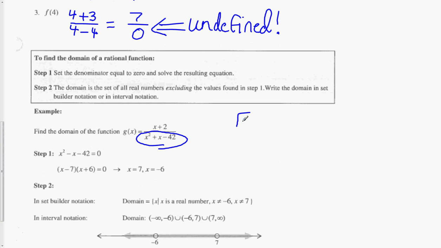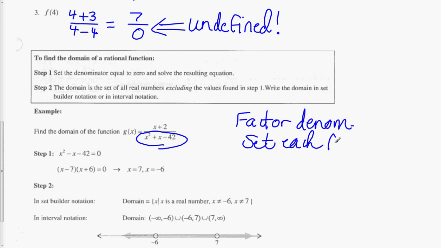So you need to factor the denominator, and then set each factor equal to 0 and solve them. Those are going to give you the numbers that you need to avoid.